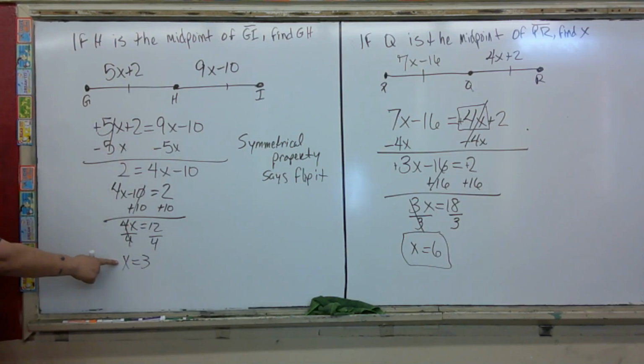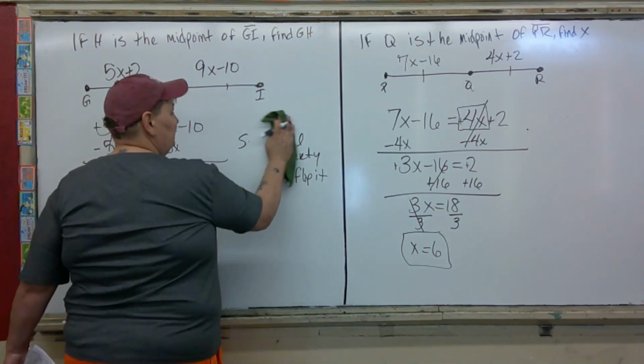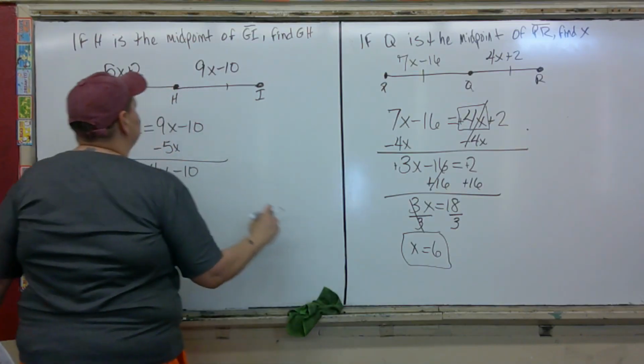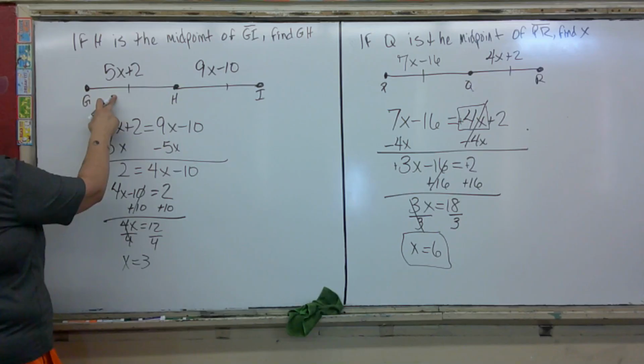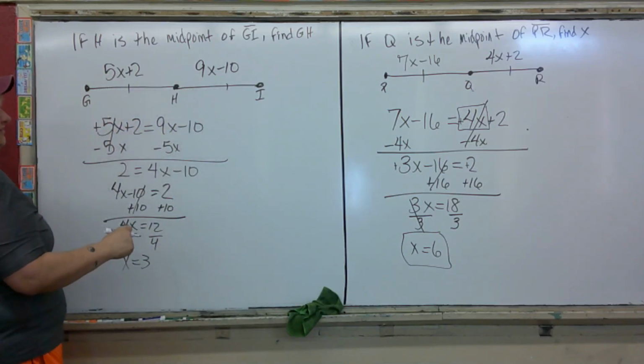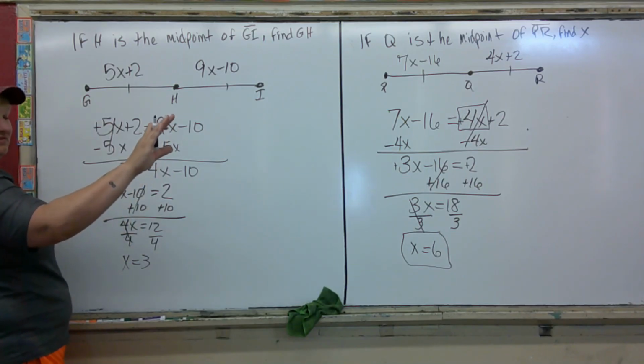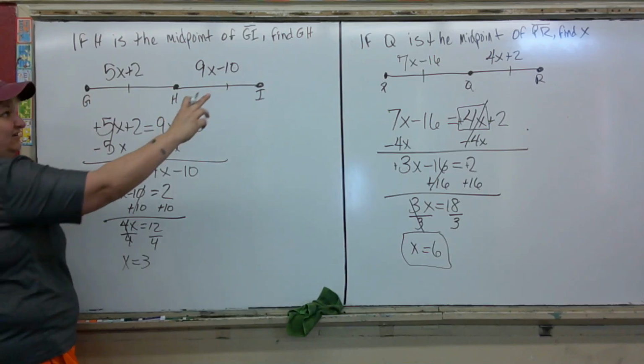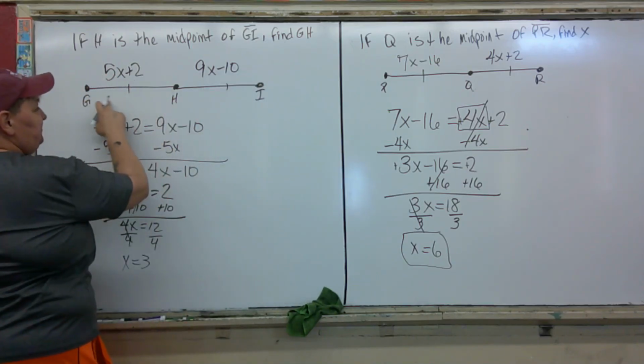Remember, once you're here, double check and make sure what they asked for. Because in this one they asked for GH. So what is GH? GH is this plus this. No, wait. I almost confused myself. GH is just this piece right here.